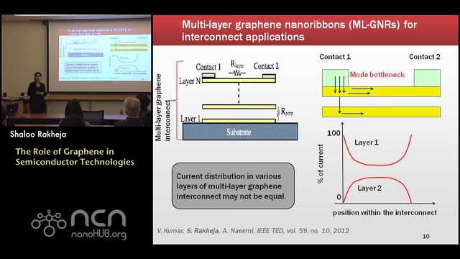Now, most of the experiments done in multi-layer graphene interconnects with top contacts naively assume that these contacts couple equally to all of these perpendicular layers, and that actually overestimates their performance. So what we realized was that these bottleneck issues, this non-uniformity of current distribution, is an important effect for interconnect applications that we need to incorporate in our models.